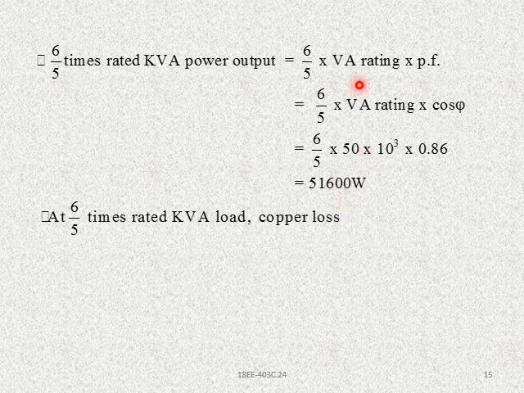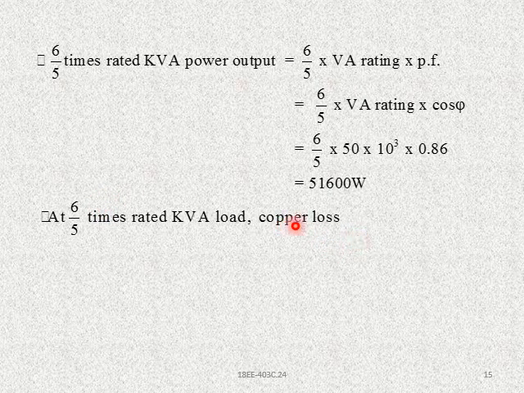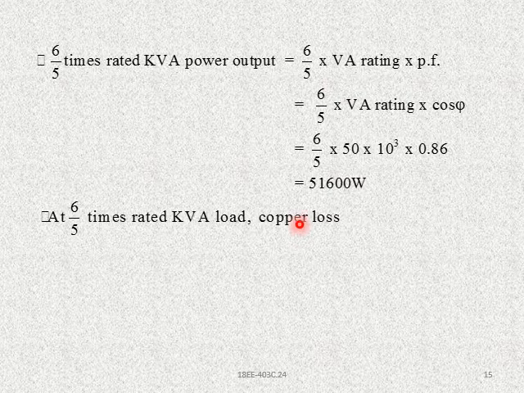And the same we need to do for the copper losses too, because the iron losses may not change for any kind of load since they are constant losses, whereas the copper losses are variable, so they change from no load to full load.